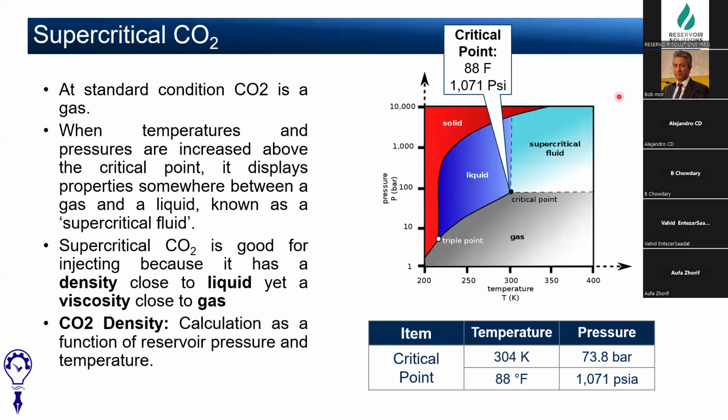But when temperature and pressure are increased above the critical point of CO2, which is 88 Fahrenheit or about 304 Kelvin, and the critical pressure is 1071 psi or about 7 MPa, it displays properties somewhere between a gas and a liquid, and we call it supercritical fluid.